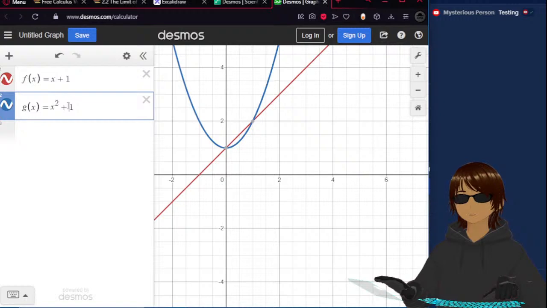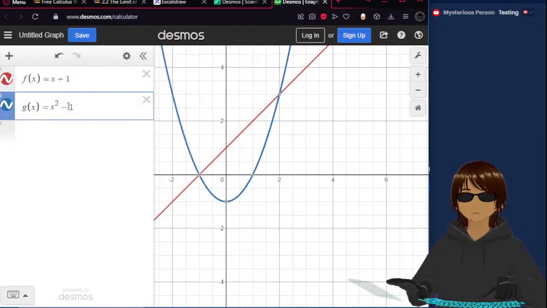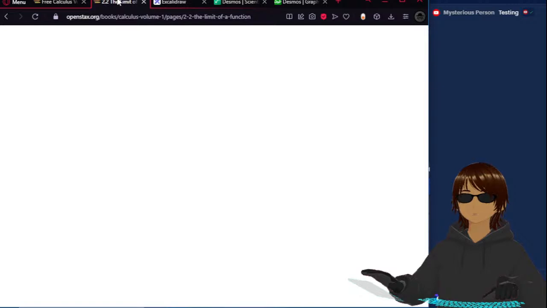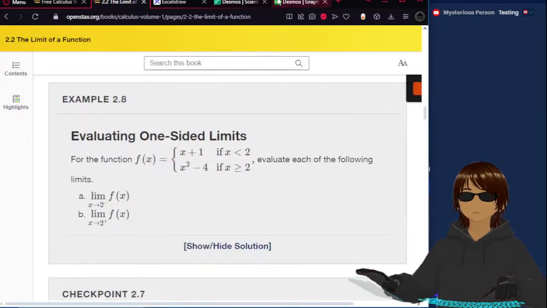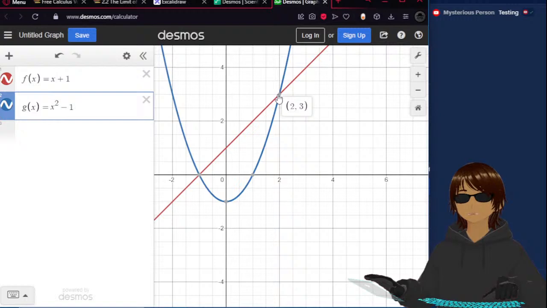Minus 4. And I'm searching it at point 2. Aren't the limits the same? Because they all converge, they all meet at point 2.